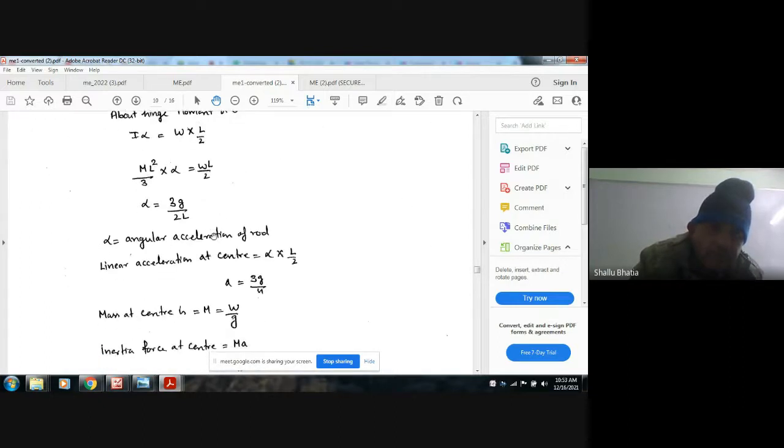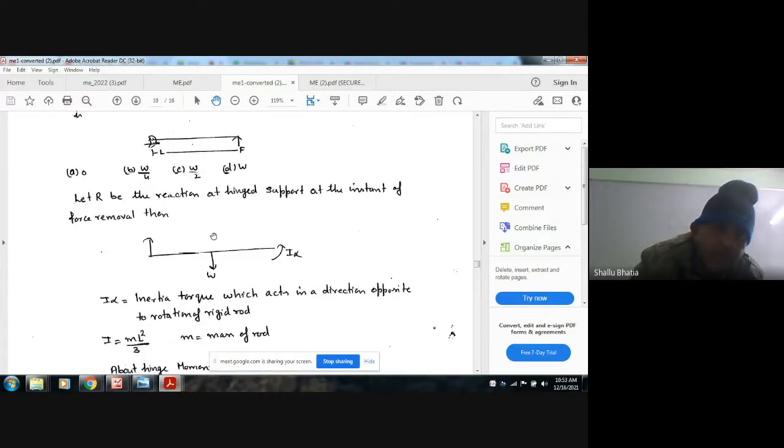If m is the mass of this rod, then its weight is W, and m will be equal to W by G.